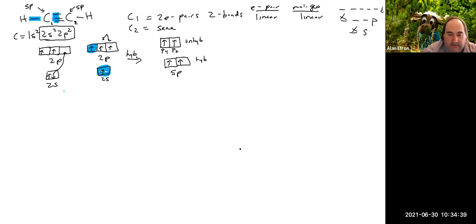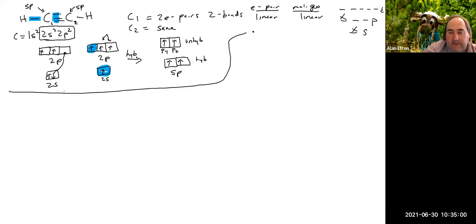And in this particular case, what we see is we end up with sp hybrid orbitals, 2 of them. And because both of these carbons are the same, we're going to end up with the same hybridization occurring on both carbons. So I'm going to now draw my arrows so we can follow where everybody comes to in terms of where all the electrons end up.